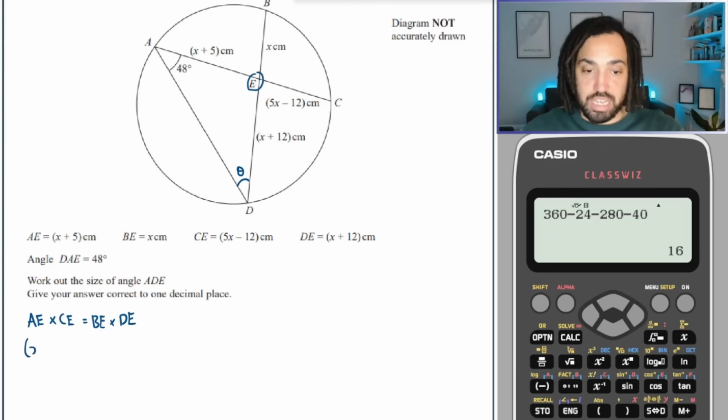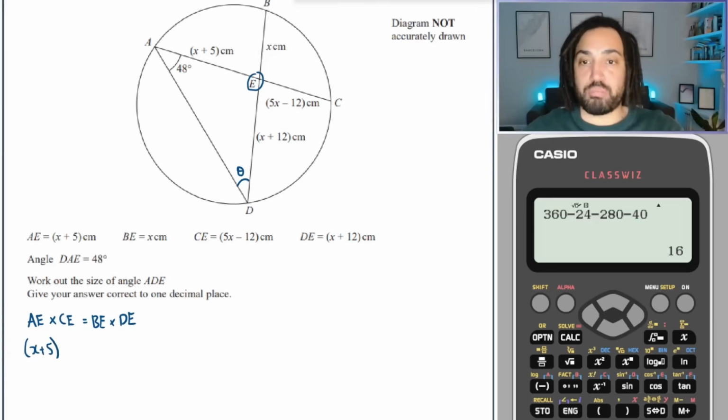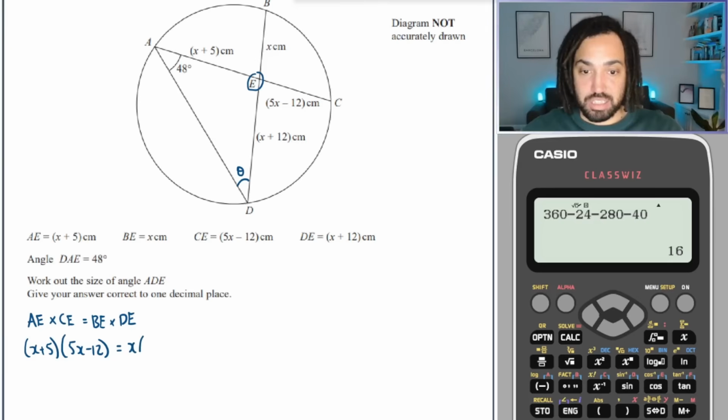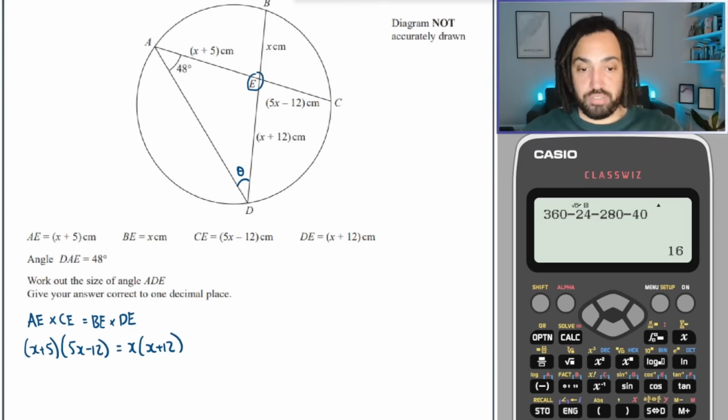Okay, so that's x plus 5 times by x minus 12 is equal to x times by x plus 12. Yeah, that's right. I think I said that right, but I've definitely written it down right. Okay, great.